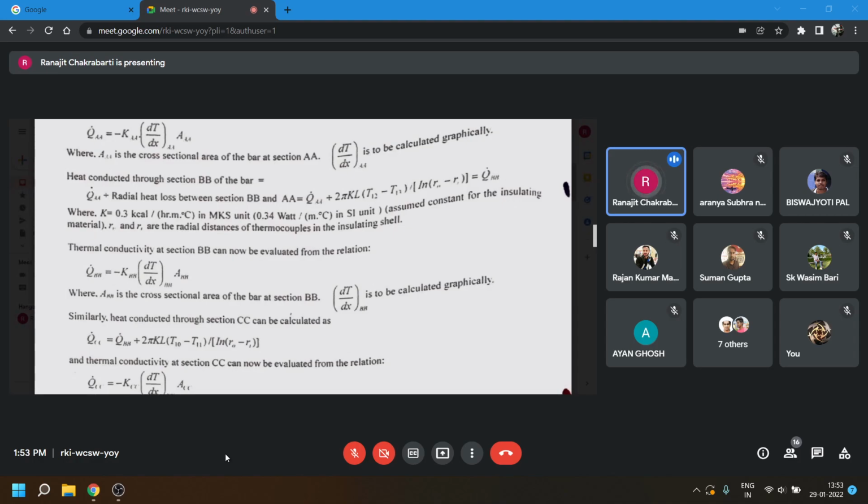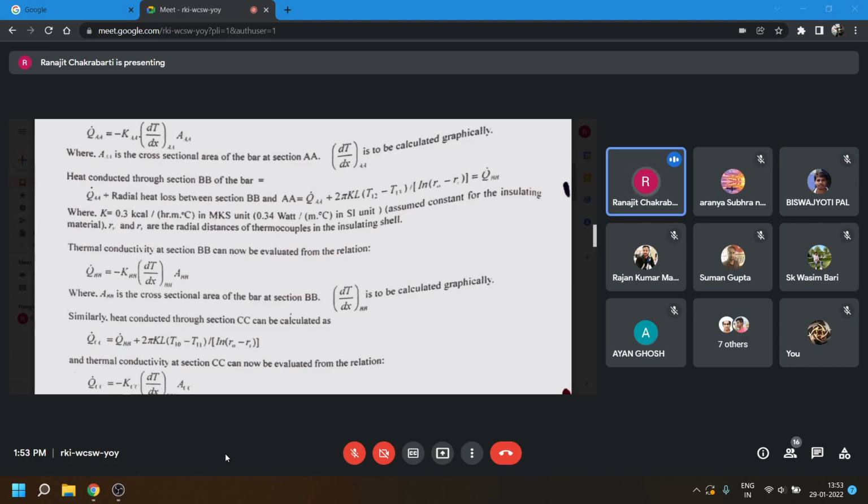Now this equation you will be able to see if you read the book by Incropera, under steady state heat flow through a cylinder. Look at steady state heat transfer in a cylinder.